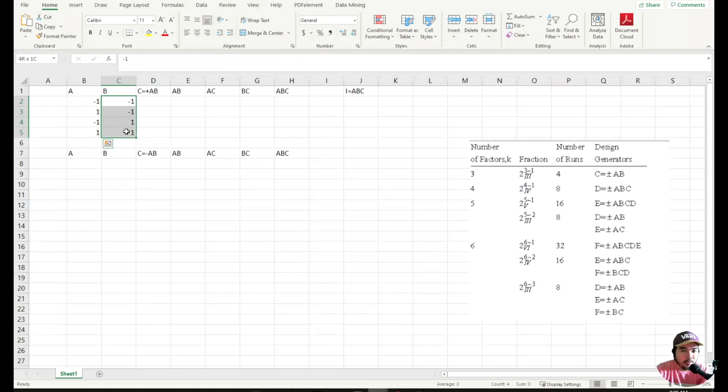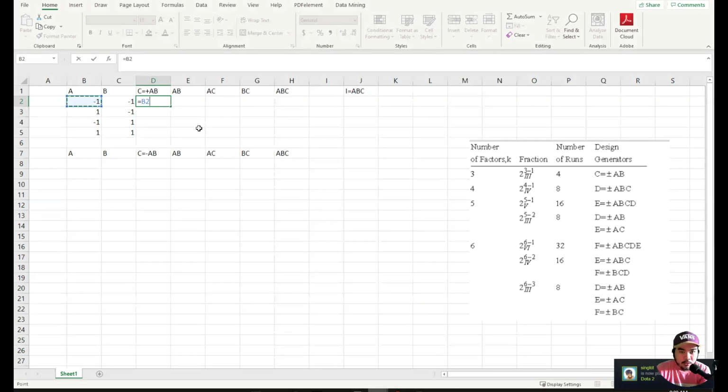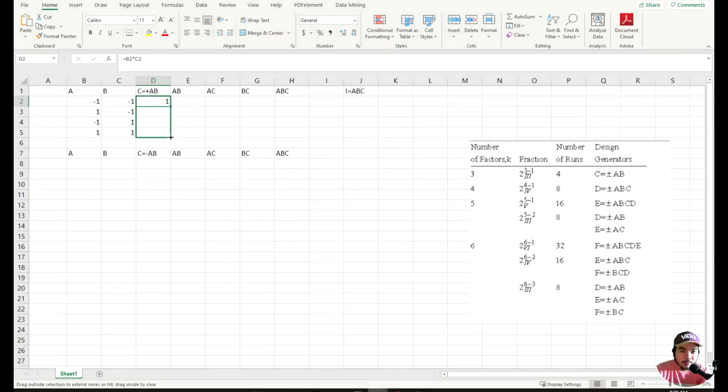Ito alternating every 2 rows. So once na-determine na natin to, pwede natin makuha yung C equals AB. Okay? So C equals AB is just equal to ito times AB. So, positive kasi siya. So pwede natin makuha siya. Ganyan siya. Okay? So, that's C equals AB.